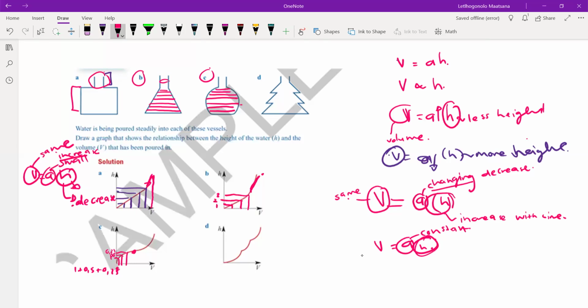This should increase at an increasing rate. So now you'll find the difference in height between the two points is increasing. You used to have a difference of 1, then now a difference of 2, then a difference of 3, until you get to this point where it's constant. So you should have ended up with a straight line.